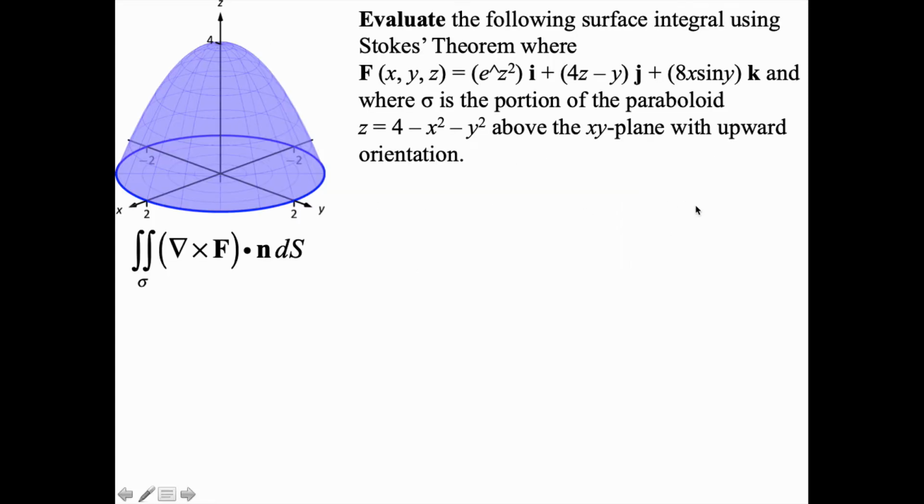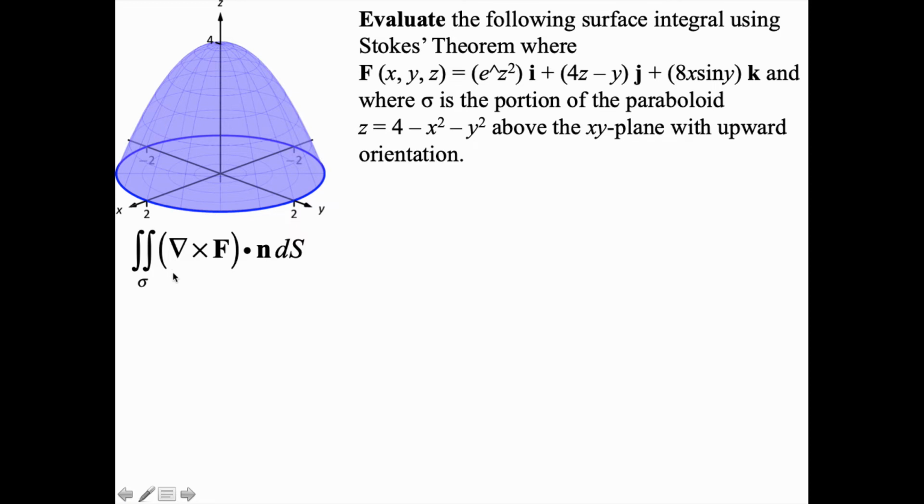Okay, so our first one, let's evaluate the following surface integral using Stokes theorem. The vector field big F is e to the z squared i, plus 4z minus y j, plus 8x sine y k, and the surface sigma is the portion of the paraboloid z equals 4 minus x squared minus y squared above the xy plane with upward orientation. So you could imagine upward arrows coming out of this surface.